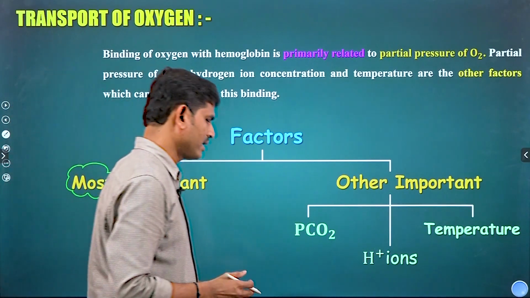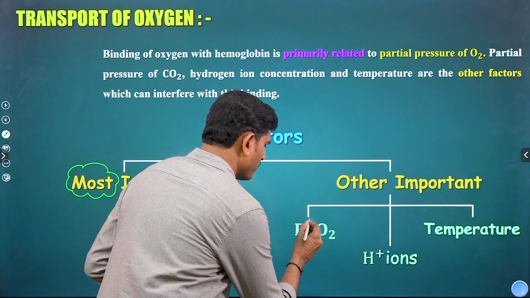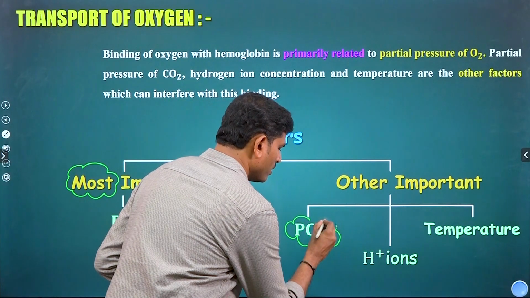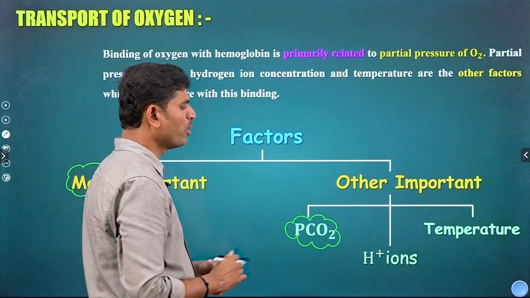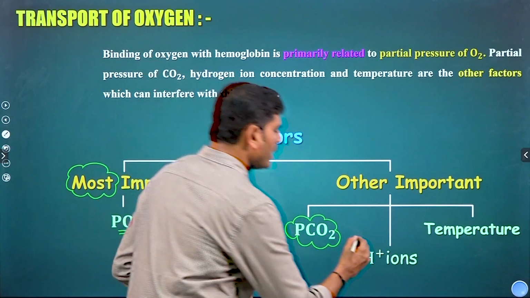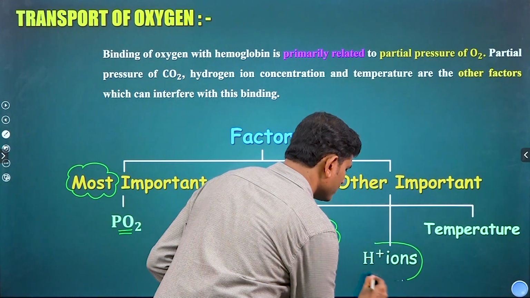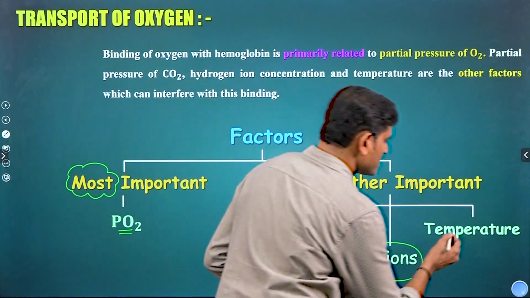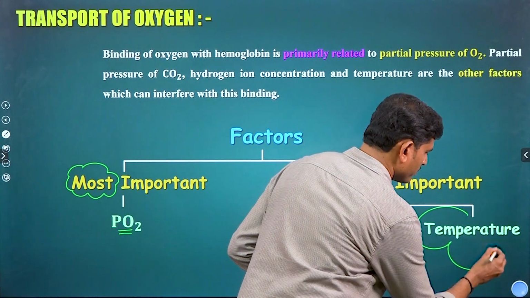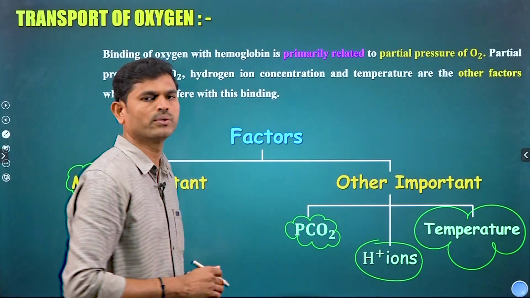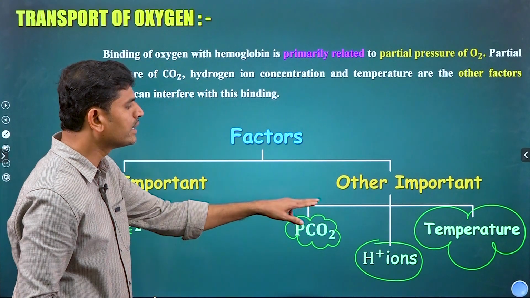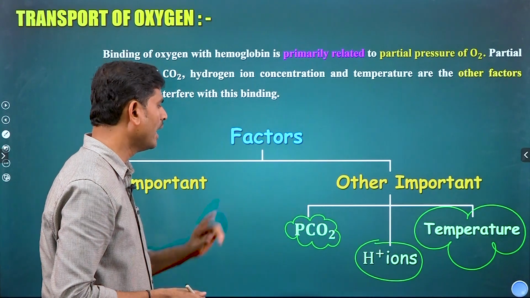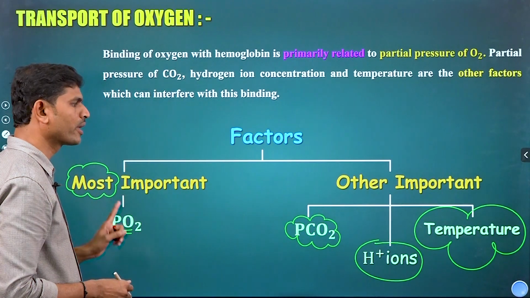Other important factors are PCO2, partial pressure of carbon dioxide, next one H plus ions, and another one is temperature. So these are the three other important factors and one most important factor.